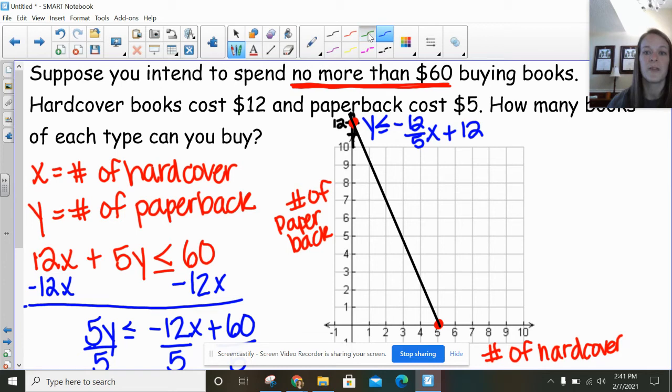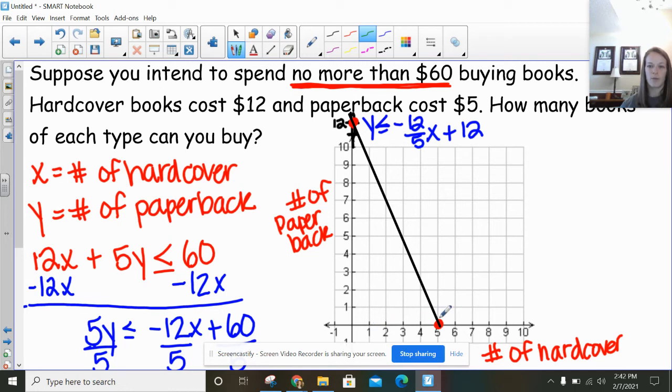And now I have to figure out where I need to shade it. Okay. So let's just pick, we can do 0, 0 again like we normally have been, but then that just means I haven't bought anything. And I don't really want that part, okay? So let's test the point 1 or 2.